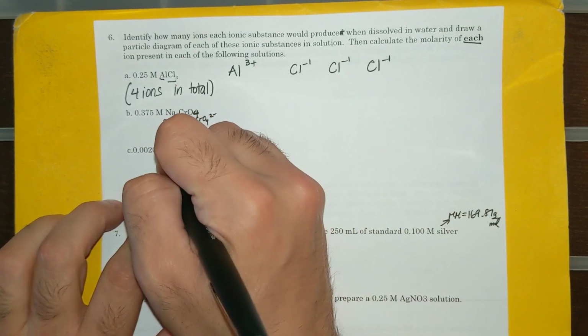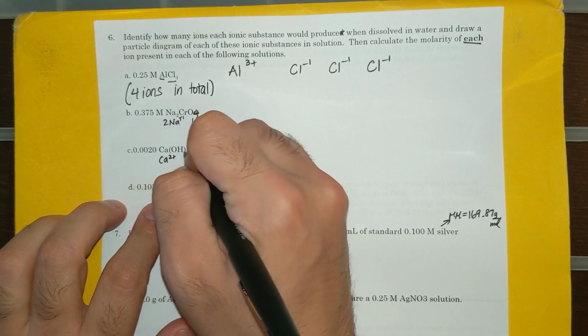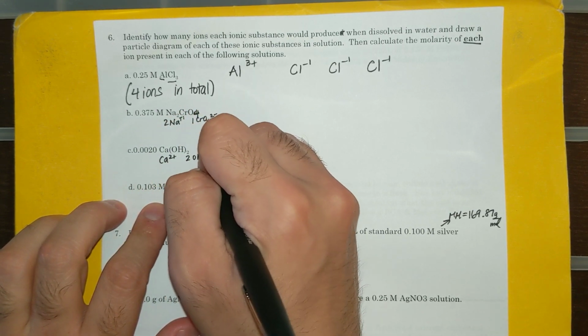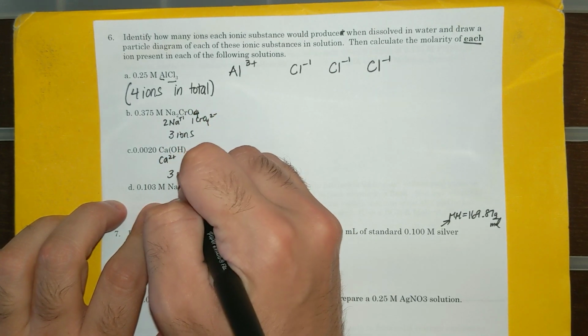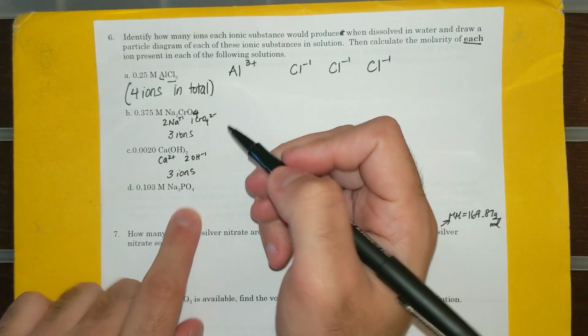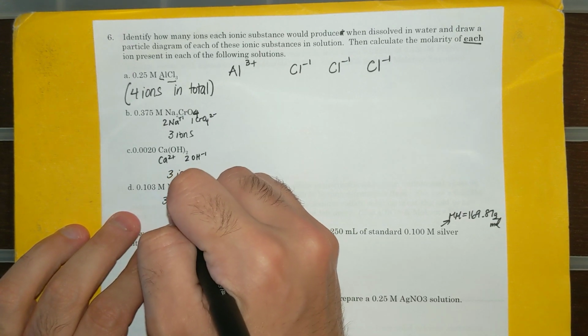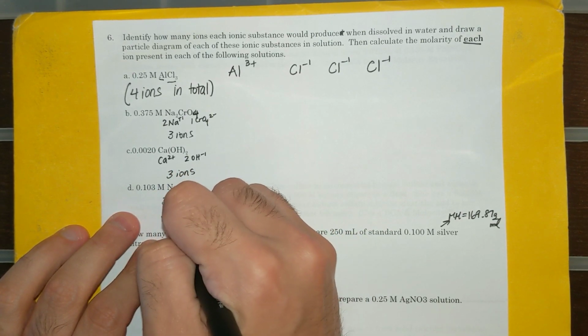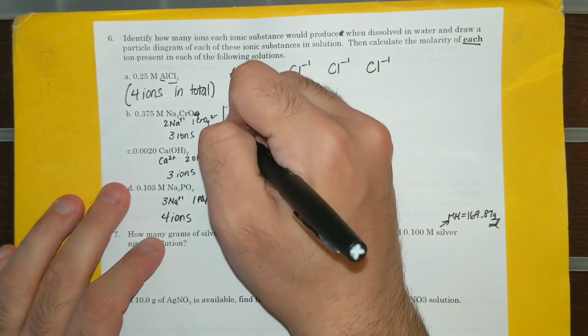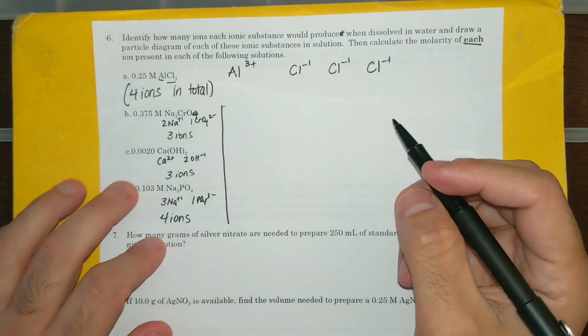Calcium hydroxide has Ca2 plus and 2 OH minuses. This has 3 ions. This has 3 ions. And then Na3PO4 has 3 Na plus 1s and 1 PO4 3 minus. That's 4 ions.